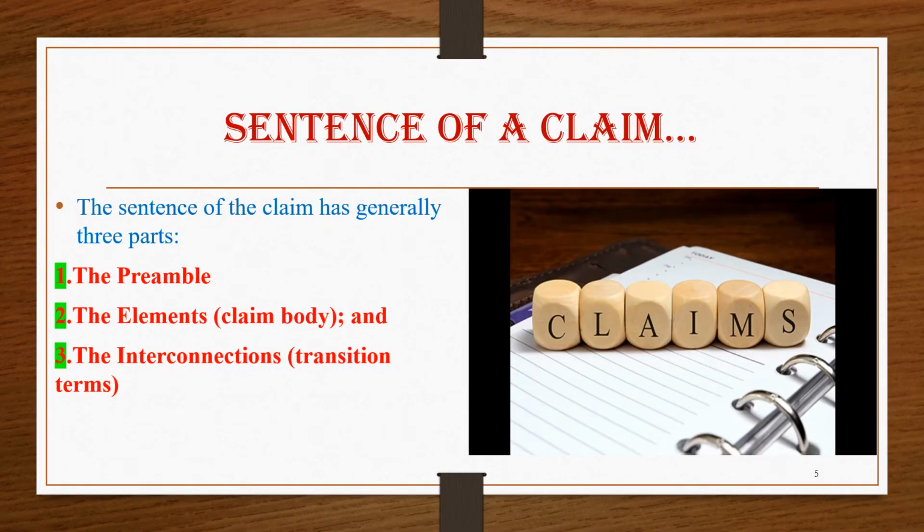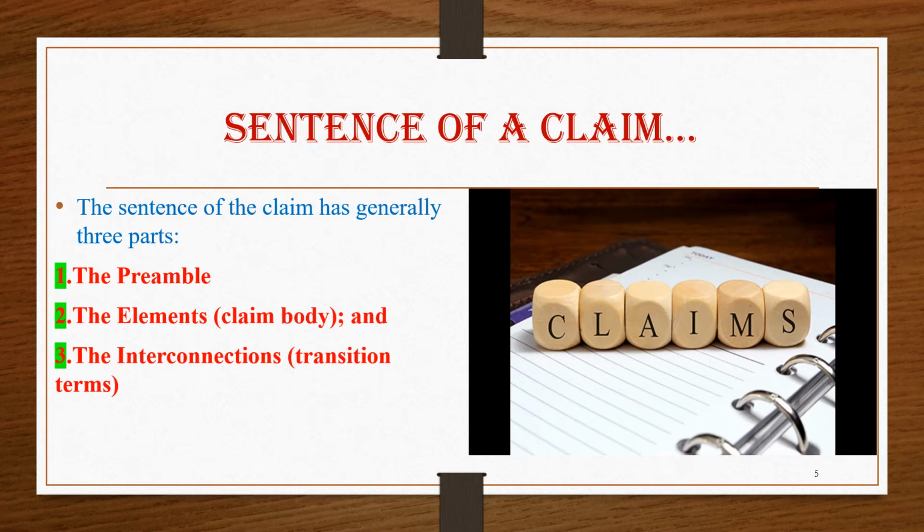Sentence of a claim. Okay, so let us see how many parts the sentence of a claim has. What is its structure? Fine. The sentence of the claim has generally three parts. Part number one is the preamble. Part number two is the elements, which includes the claim body.